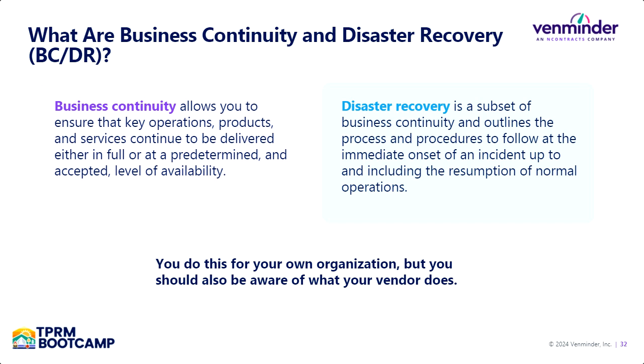Disaster recovery is a subset of that, and it outlines the process and the procedures in place that you would follow immediately after an incident up to and including the resumption of normal operations. So business continuity is proactive, disaster recovery is often reactive, and then you do this for your own internal organizations. But you should also be validating and aware of what your vendor is doing in these same areas.